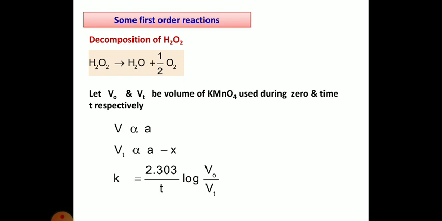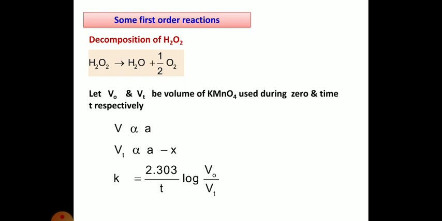Rate constant K is equal to, at the very first we can say that the rate is directly proportional to the concentration of that species. After time t it becomes A minus x, and if you want to determine K for the above equation, for the first order you have to take the equation like this: 2.303 divided by t log to the base 10 of A by A minus x.